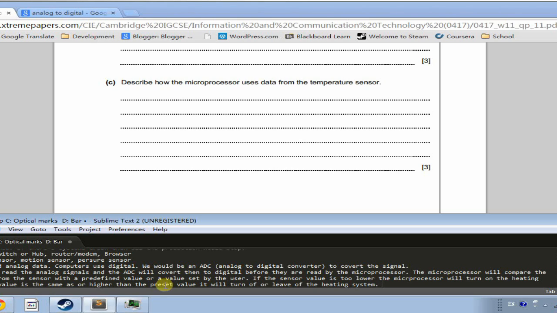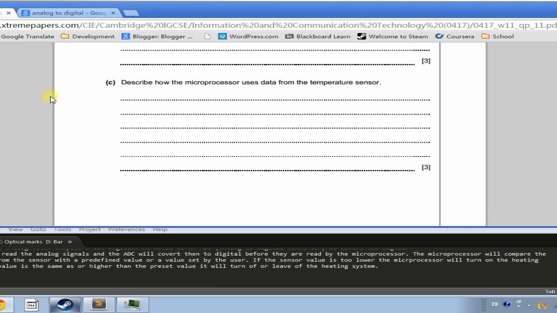He doesn't understand it's heating, he doesn't understand it's anything else. He's just comparing these two different numbers and following a predefined set of instructions. So anyway, like I said, this one comes up quite a lot, so it really does help if you understand how the sensors and microprocessors work together.